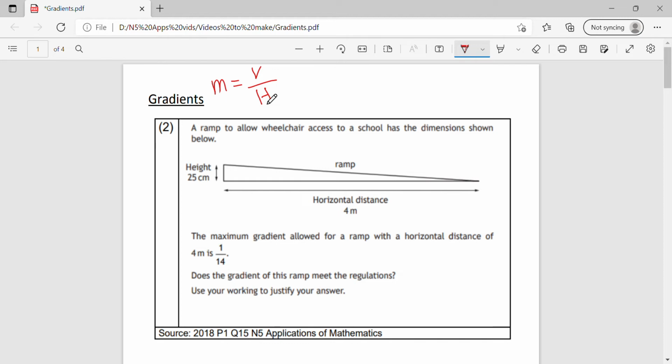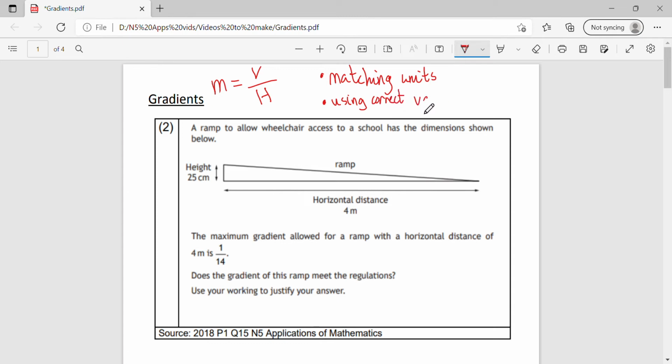A couple of things that we need to make sure we watch out for with gradient is that we are using matching units. So if I've got meters and centimeters, I'm going to want to get them to match and so on. Something else that we want to watch out for is that we're actually using the correct values.